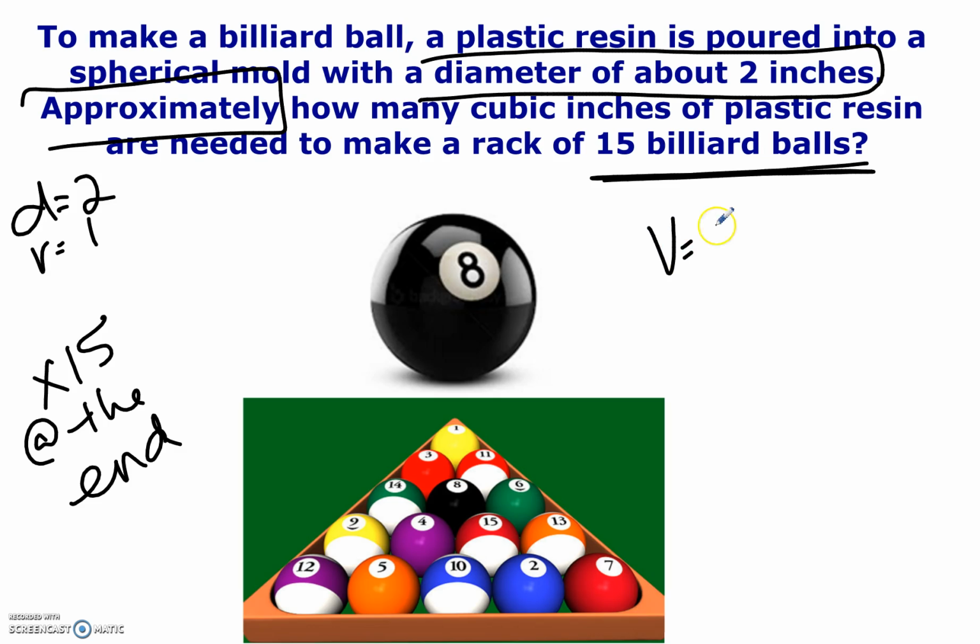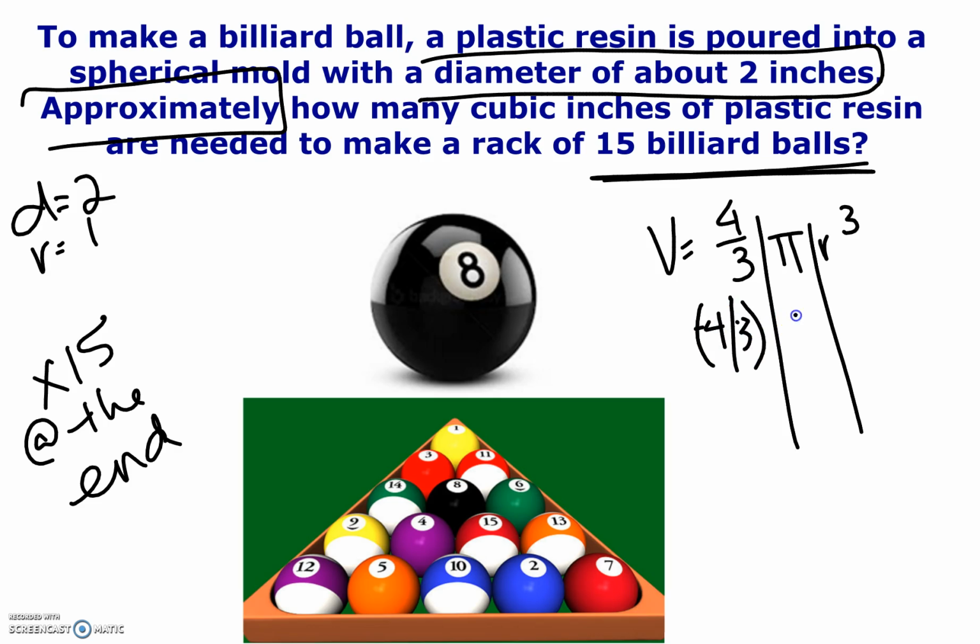We're going to do volume equals 4 divided by 3 pi r cubed. So you're going to have 4 divided by 3 pi 1 times 1 times 1.